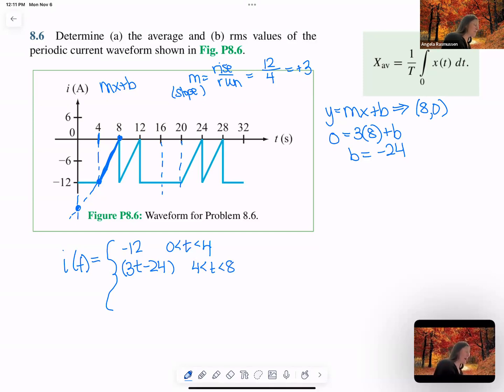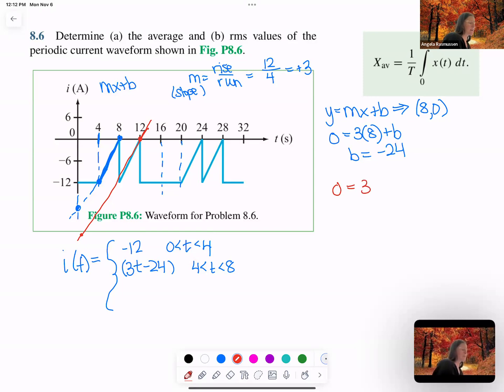And then I have another one that's going to be another slope. And you're correct, it's going to be negative 36. So 0, and the slope is going to be the same. You can hopefully see that.